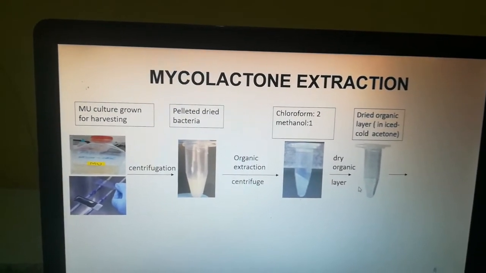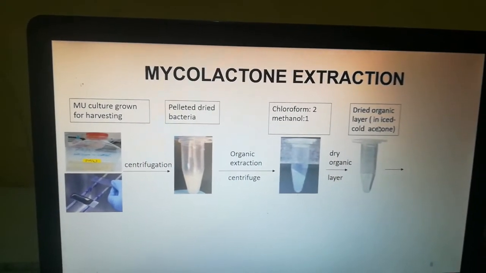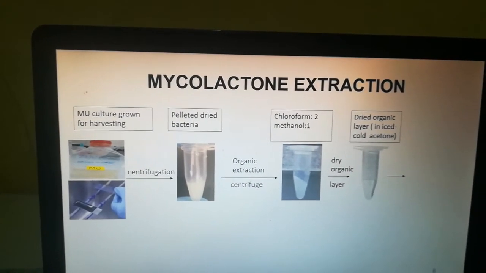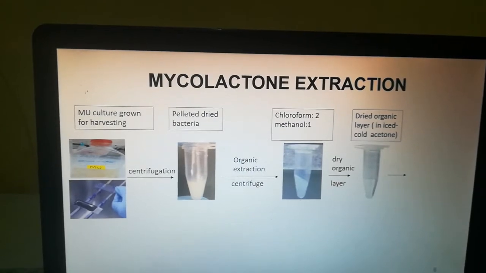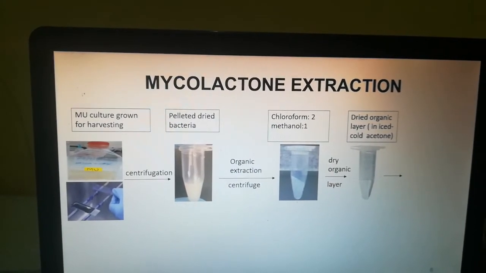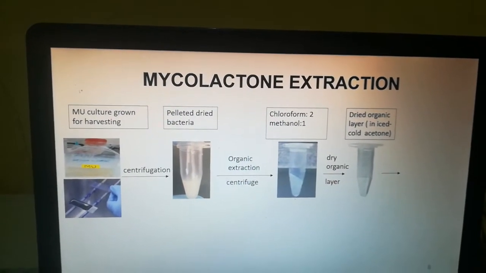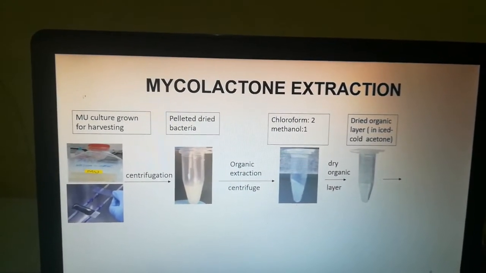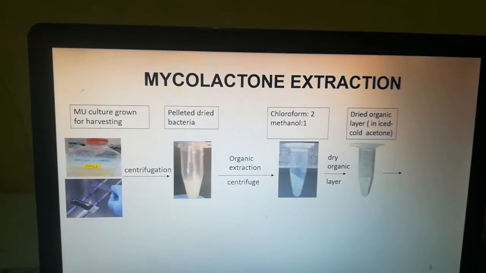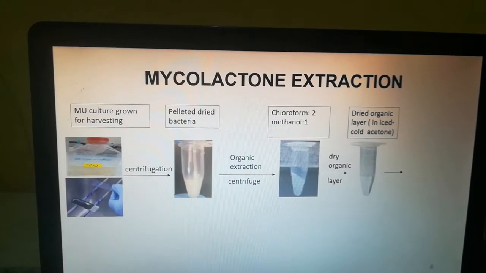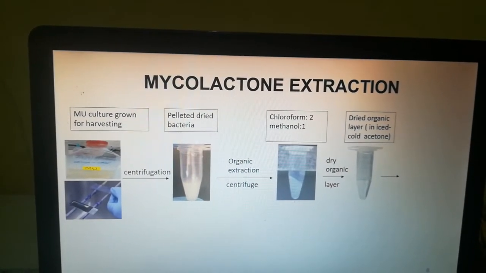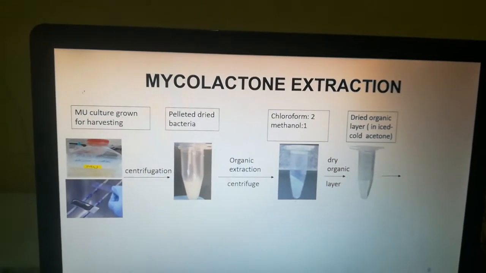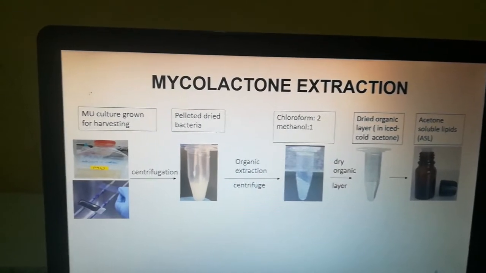Once the organic layer is dried, you then add ice cold acetone to it to ensure that you precipitate any phospholipids. Once phospholipids are precipitated by spinning, you aspirate your supernatant, which is going to be lipids that are soluble in the acetone, and put it in a brown bottle.